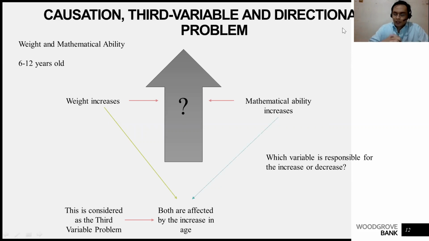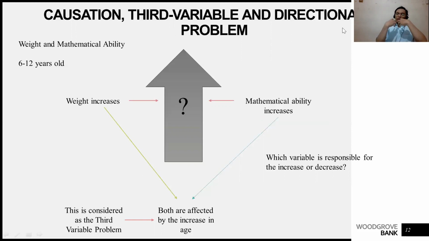The given example of an experiment is weight and mathematical ability. They measured the mathematical ability and the weight of 6 and 12 year old randomized participants. The main premise is this: when weight increases, as observed by the results, their mathematical ability increases.